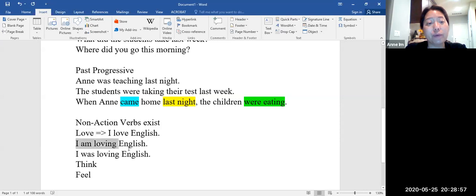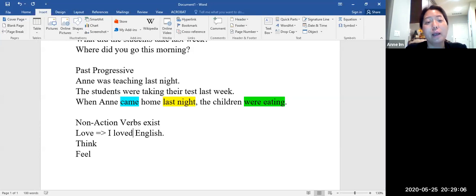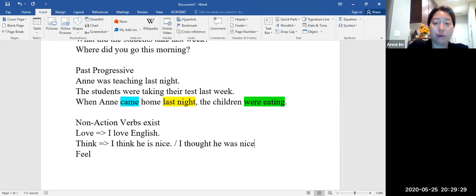So remember, if you ever use this verb love, use it in the simple tense. In this case, you can use simple present or simple past. I loved English or I love English, but we can never say I am loving English, okay? Think is the same. You can say, I think he is nice. You can also use it in the past. I thought he was nice, okay?